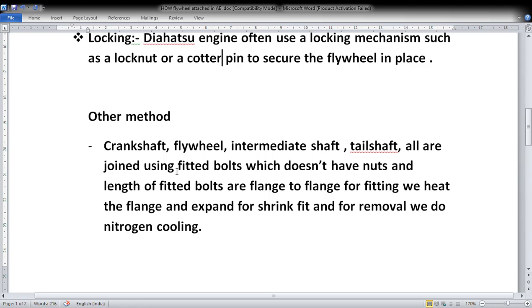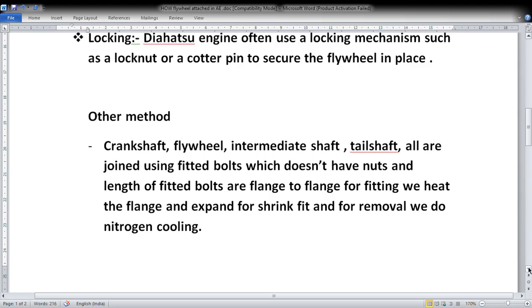For removal, we do nitrogen cooling, which is just the opposite of heating. In cooling, it will contract, and because of contraction, the size and the diameter will reduce. You may not be able to notice it, but that is sufficient because it is in microns, and that is sufficient for it to come out.